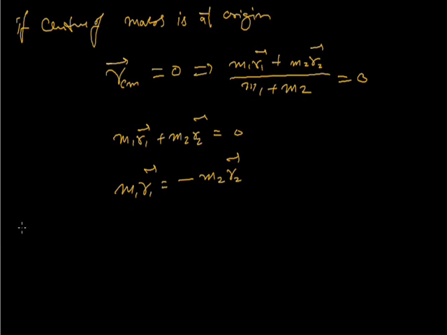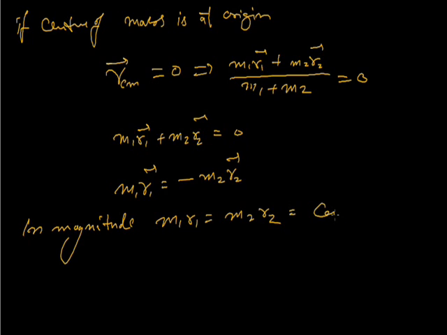In magnitude, m1 r1 equals m2 r2 equals a constant. It implies that m is proportional to 1 by r, that is, r is proportional to 1 by m.